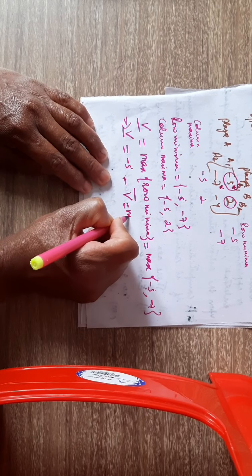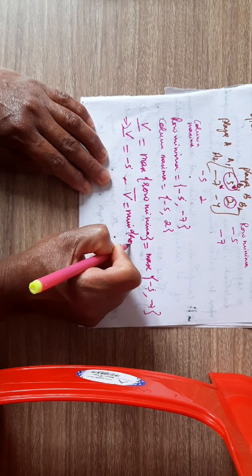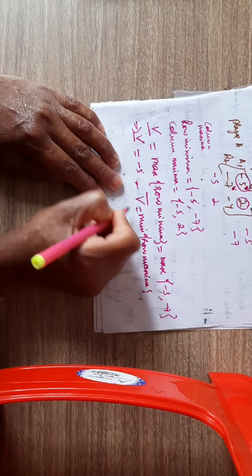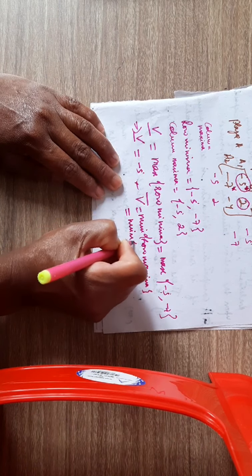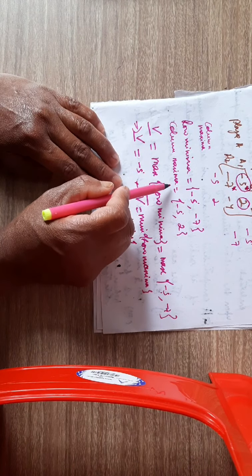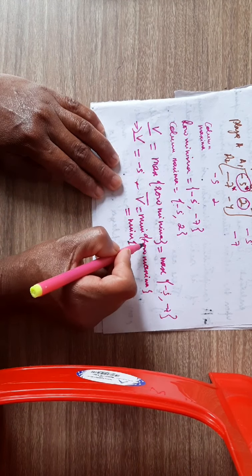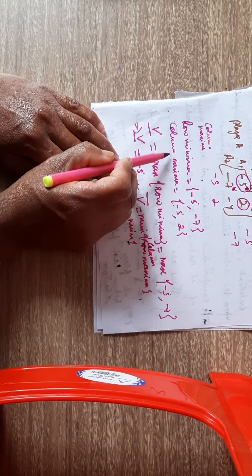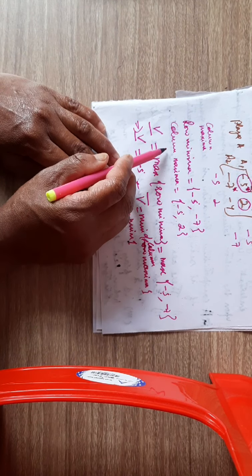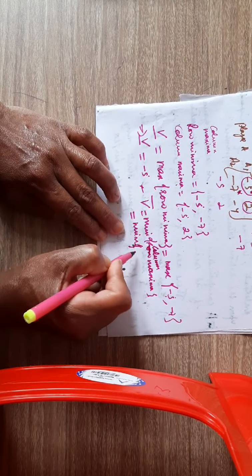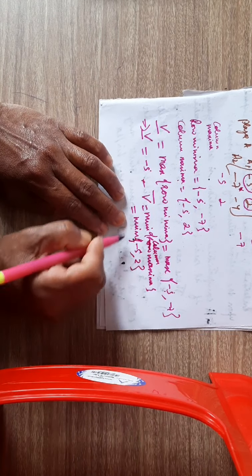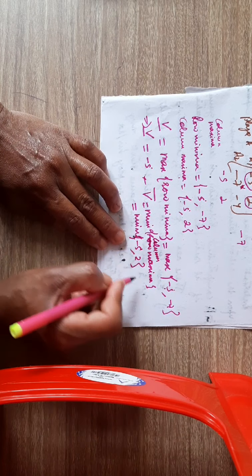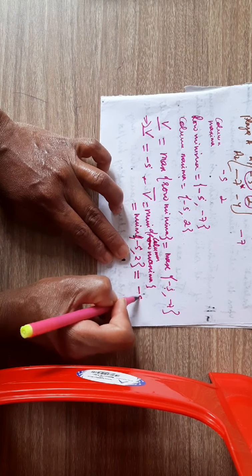It is the minimum of the column maxima. Sorry, I made a mistake earlier; it should be the column maxima. The set of column maxima is -5 and 2, and -5 is the minimum entry. So this is equal to -5.